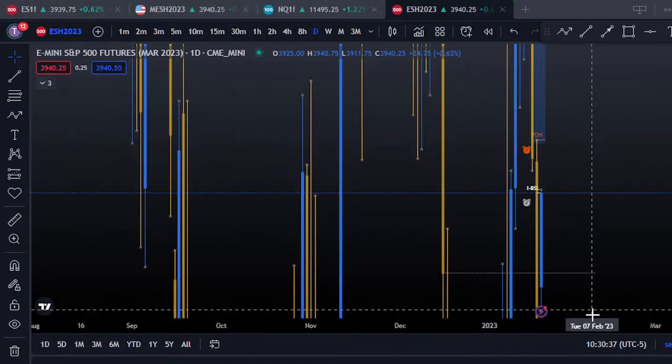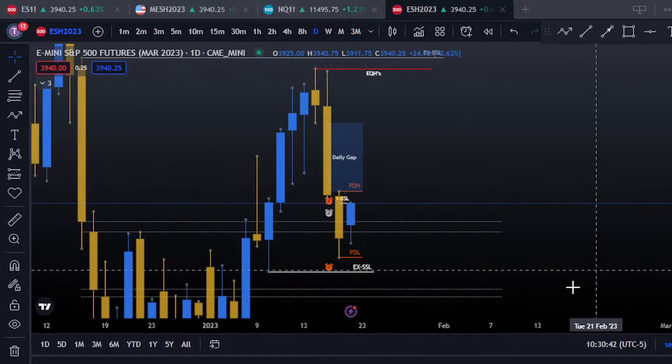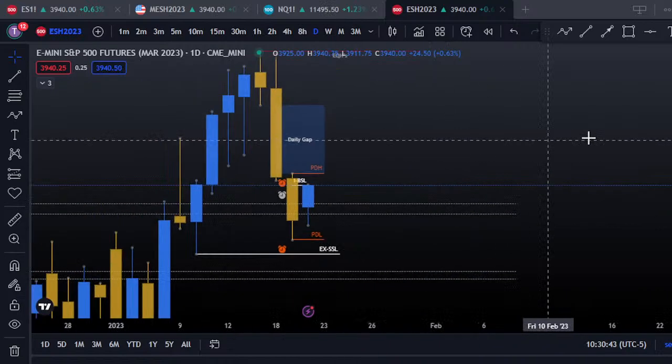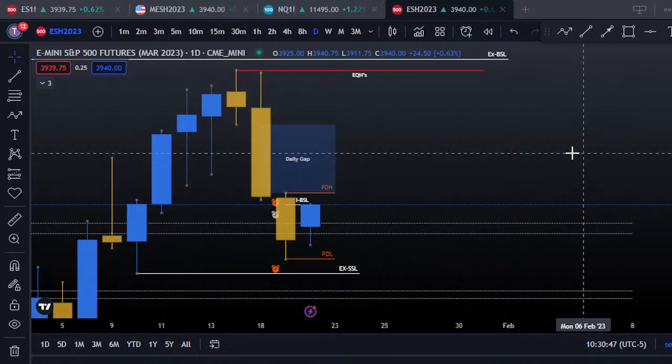Price looks like it's headed where we had an idea it might want to hit. I gave some downside targets as well as some upside targets. So price is headed that way.